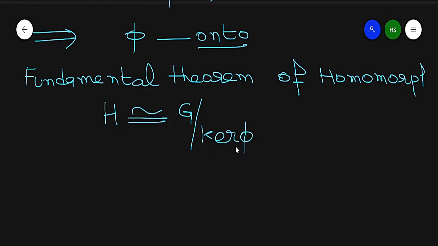Now here my aim is to prove that kernel of phi is equal to K. So that we will prove our result.